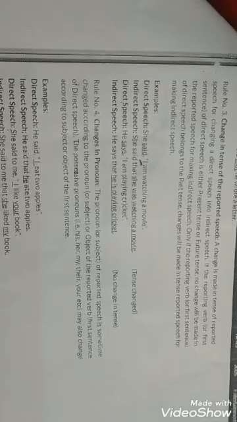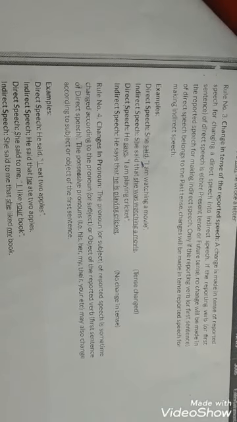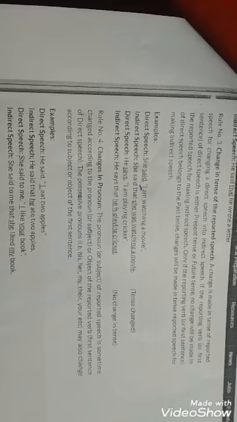Point number 3, change in tense of the reported speech. When there are two parts of direct speech, the first part of the sentence and the second part of the sentence, if the first part is in past tense, then we have to change the second part according to the first part. Let's see an example.